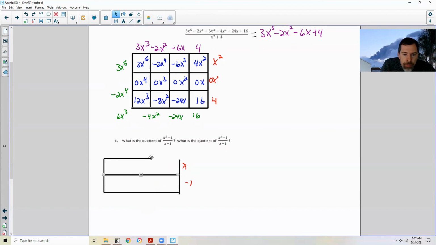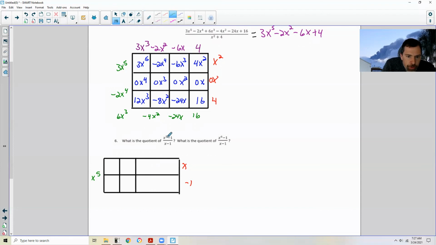The reason I'm thinking there's going to be a lot of stuff going on here is because I have to write my spacers in. So x to the 5th, I'll do that in green. X to the 5th has to come from this first square. So let me draw that first square right here. All right, so this square is going to give me x to the 5th. Draw another one.